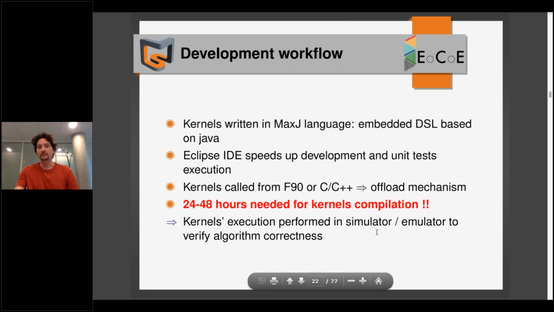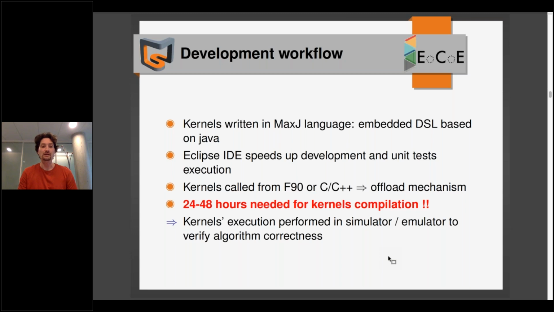Then you start writing kernels. We'll have an example. Don't be scared, there are 77 slides, but there is an animation where I will explain how this is executed. You write kernels in a new language called Maxeler. Basically, that's an embedded DSL for FPGA programming that is based on Java.